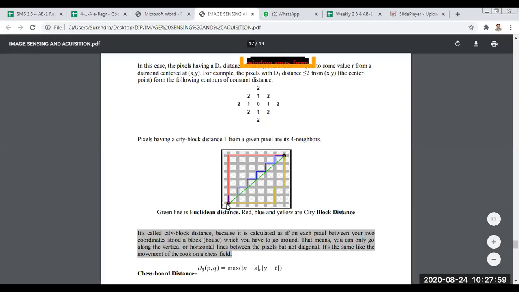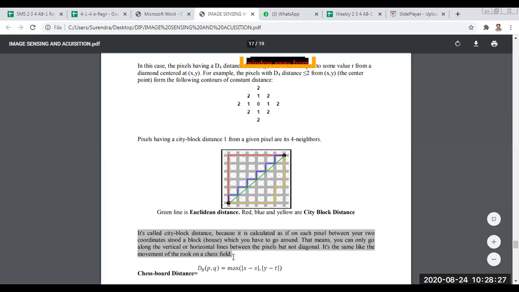If you consider this, this is one city block, this is a staircase city block, this is an up and down city block, and this is another yellow city block. Here also I am going from P to Q. So there are three different city block distances. Why is it called city block distance?